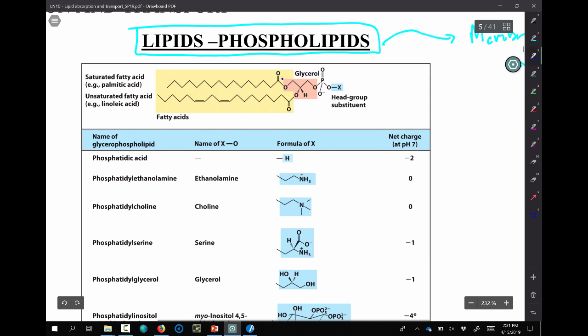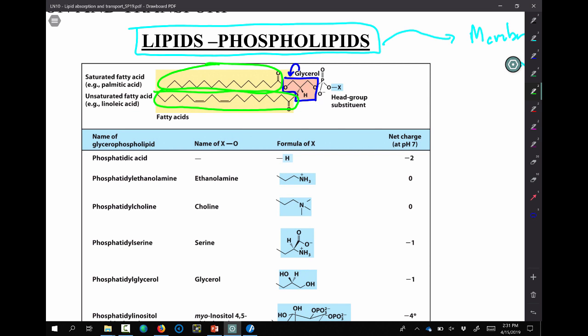Come back here. This is our glycerol backbone again. We have two chains, and those chains can be different than what you have here. They can be unsaturated, they can be saturated, they can be different lengths. It depends on the membrane, on the composition of that membrane.